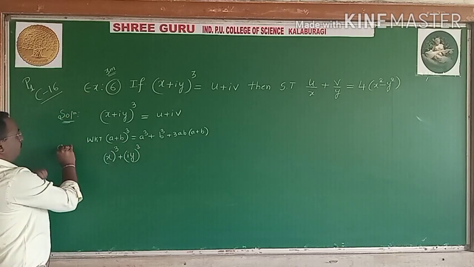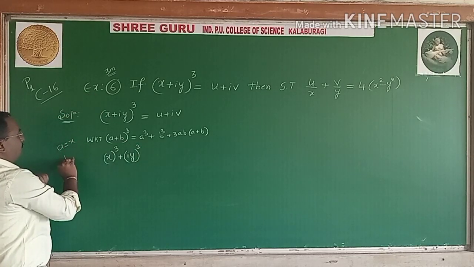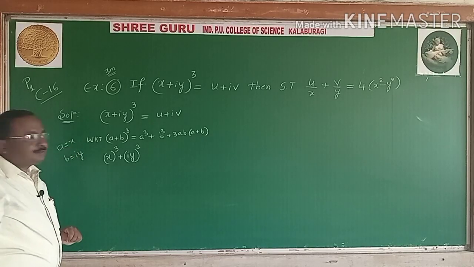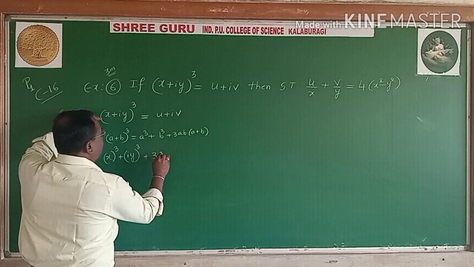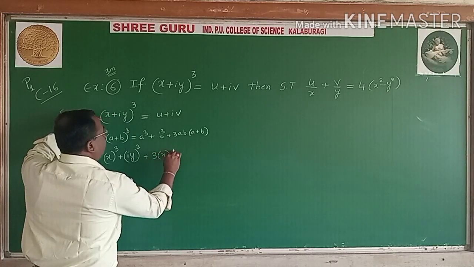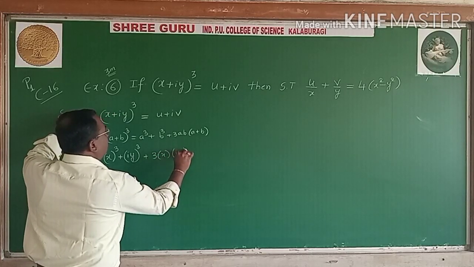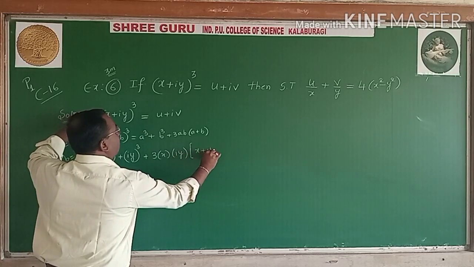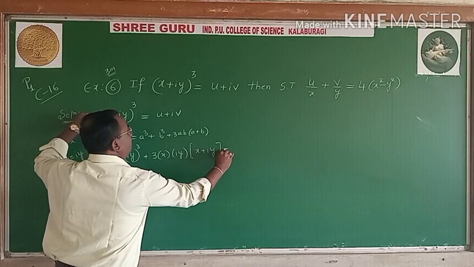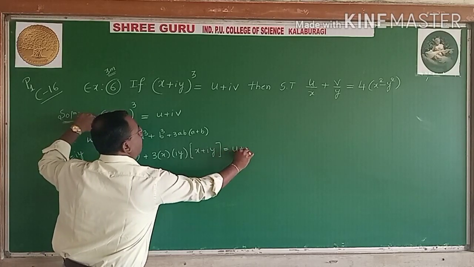Here in this place, a is x, b is iy, plus 3 times a is x, b is iy, into (a + b), that is (x + iy) = u + iv.